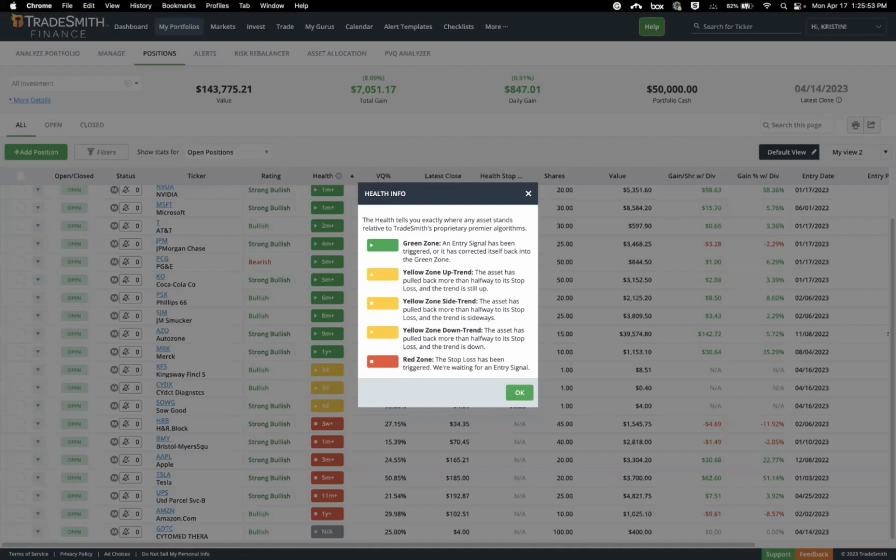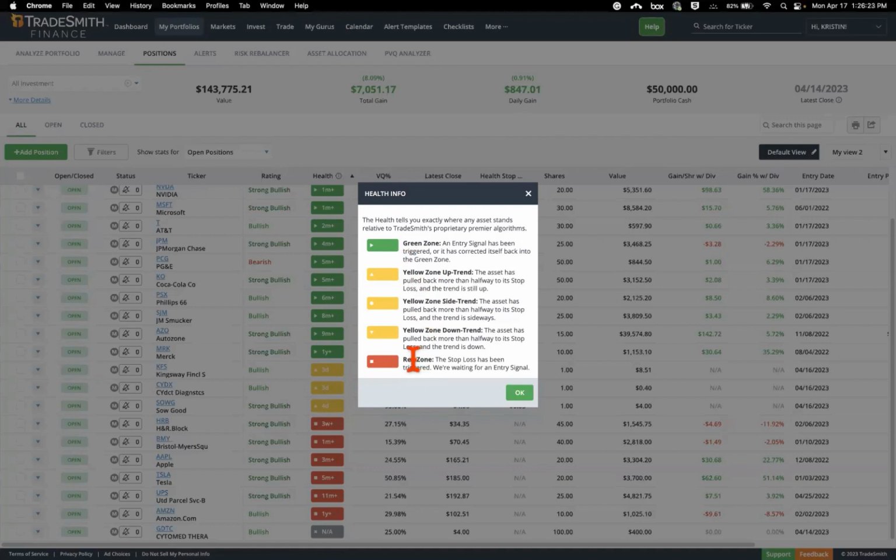All right, so when a position is in the yellow zone, the security can either move back into the green zone or continue moving lower until it goes into the red zone. And that's what I'm talking about with this. All right. Most of the time, if it's uptrends, it does move back into the green, or it could change to side trends or even change trending down. But you'll get those alerts on the health if the yellow do change the trends.